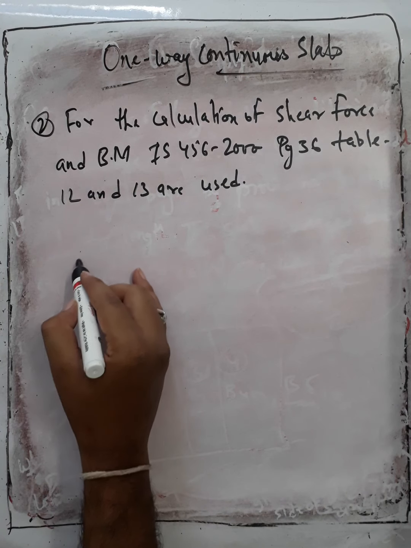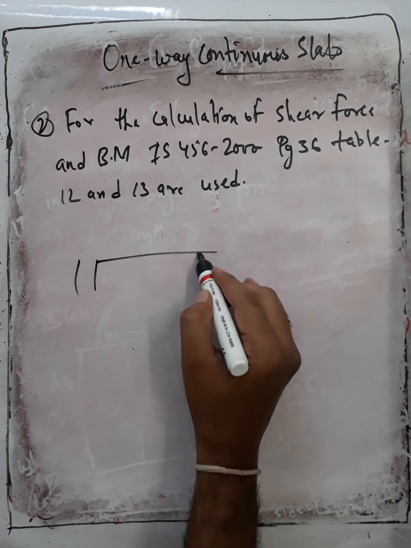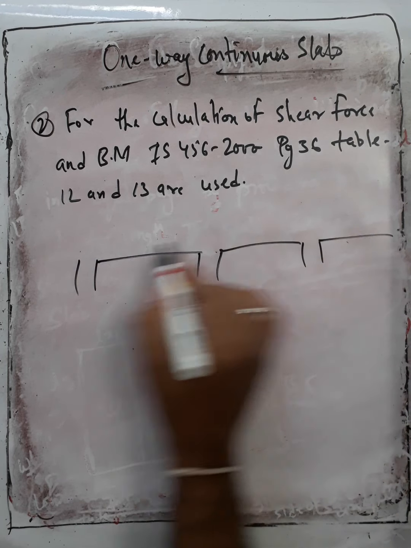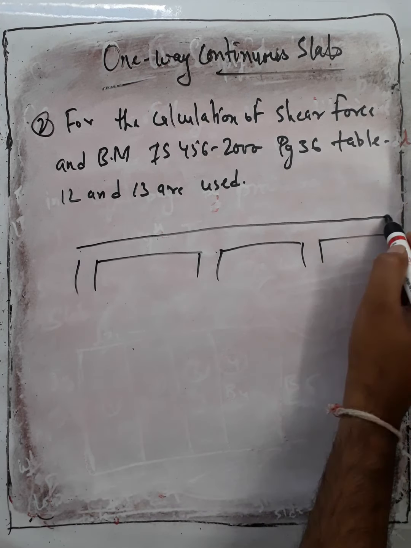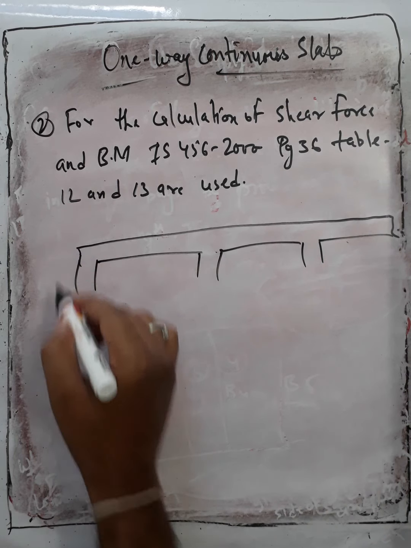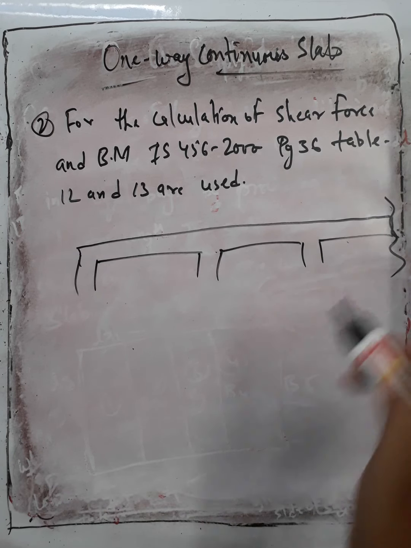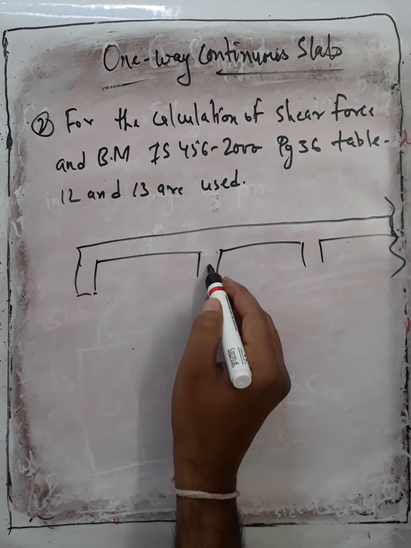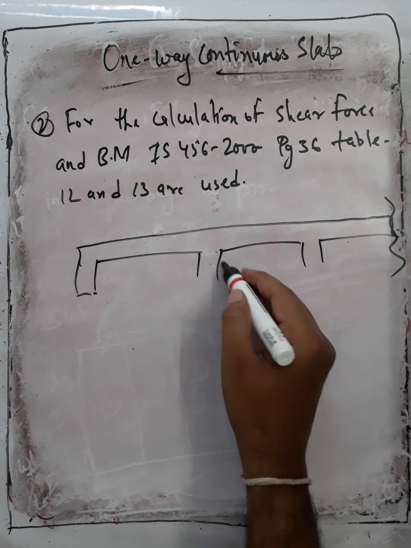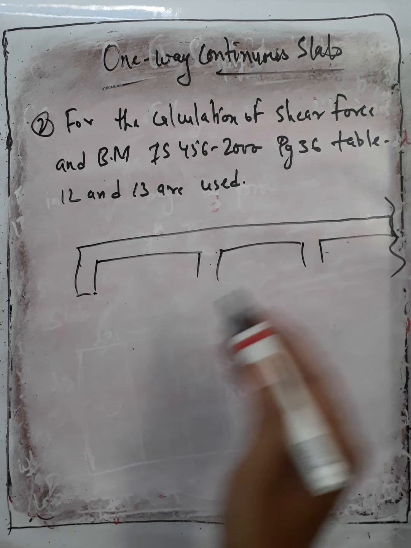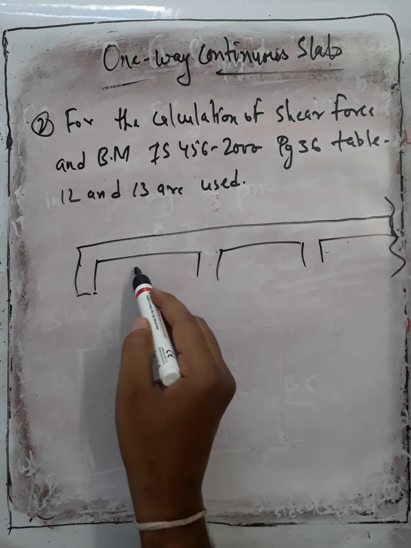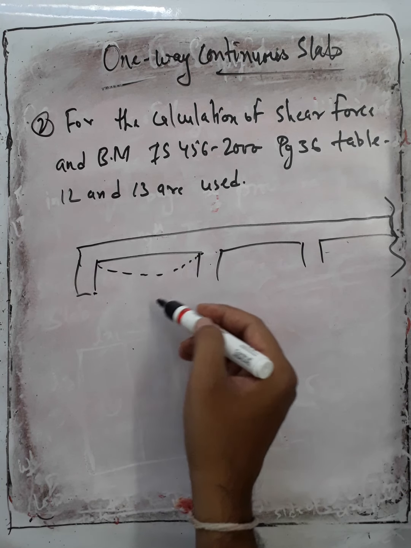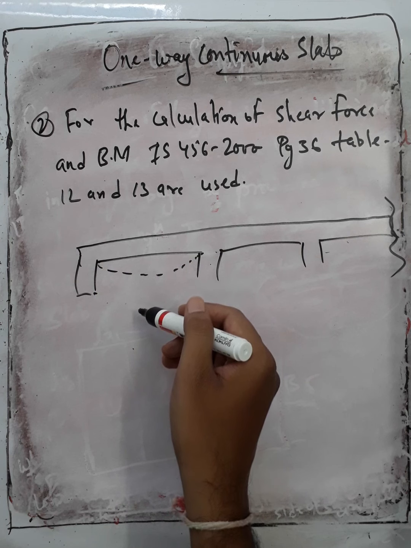Actually what happens, if this is our structure, this is one beam, this is one beam, and so on. If load is applied here, then the moment changes according to the support condition.